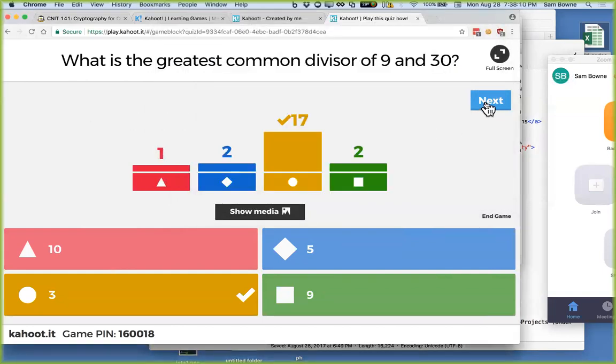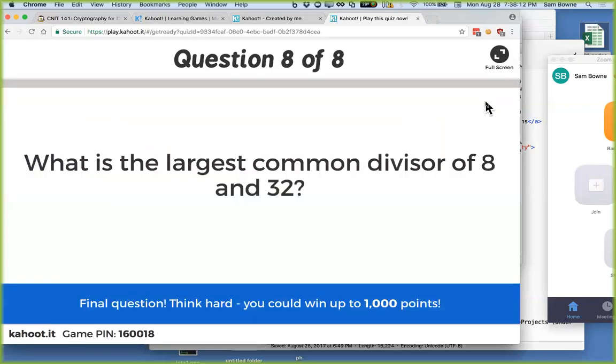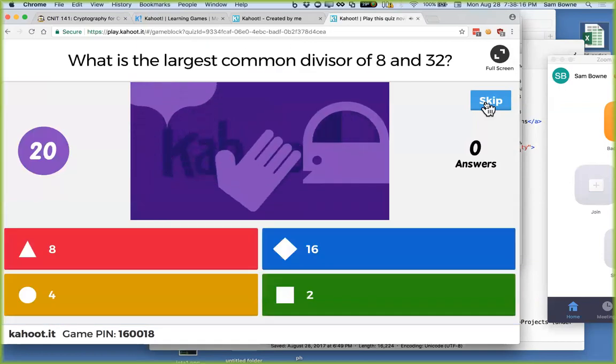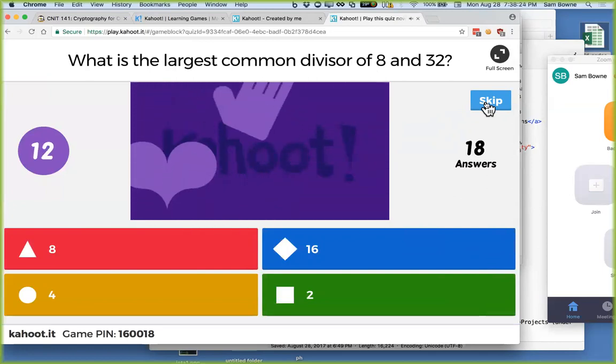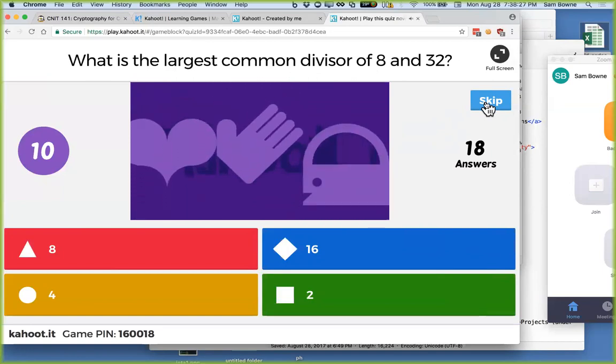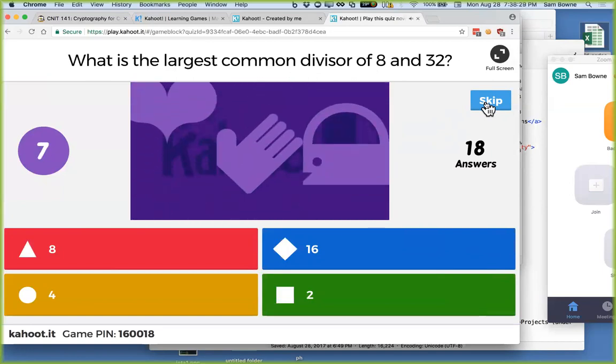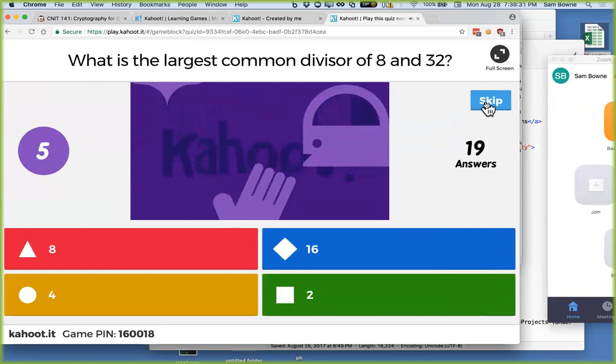So let's try another one of these. All right, largest common divisor of 8 and 32. All right, that's true.